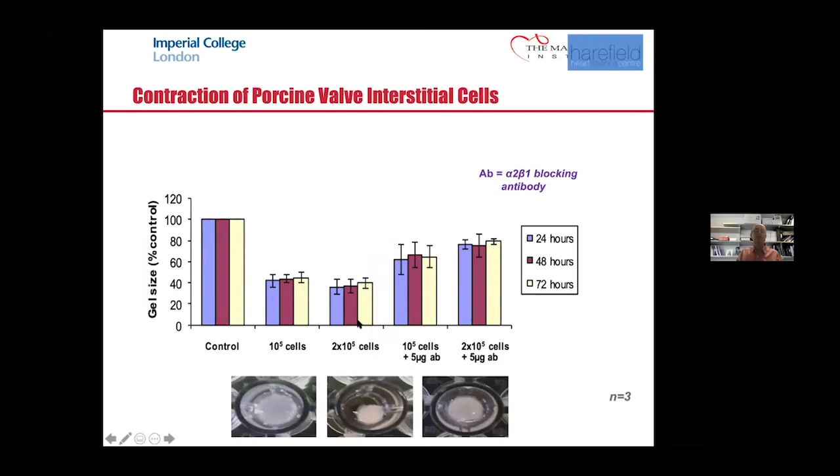So when cells were added to gels, they produced a reduction in gel size, seen here. And when their incubation occurred in the presence of blocking antibodies for alpha-2 beta-1 integrin, this level of contraction was partially reversed.